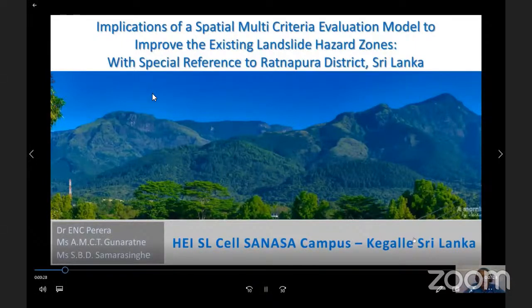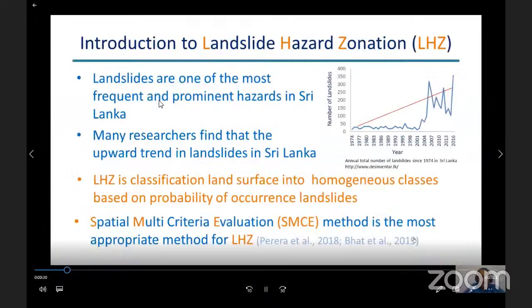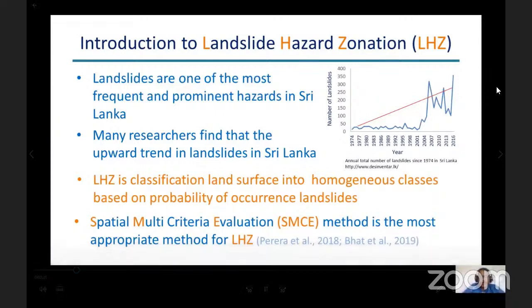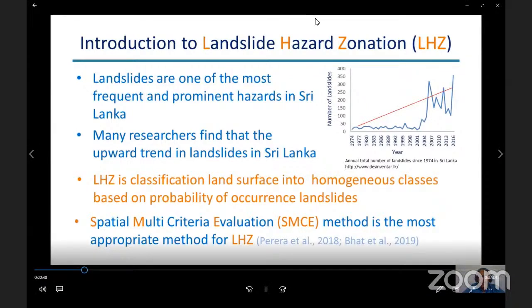You know that landslide occurrences are showing an upward trend in Sri Lanka from 1974 to 2016, and landslide hazard zonation is very essential to minimize the landslide risk.